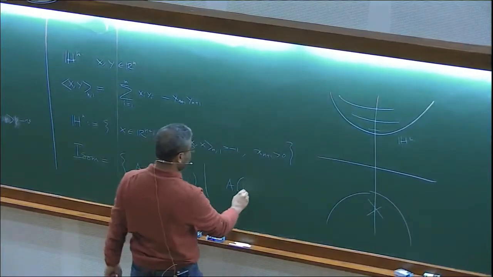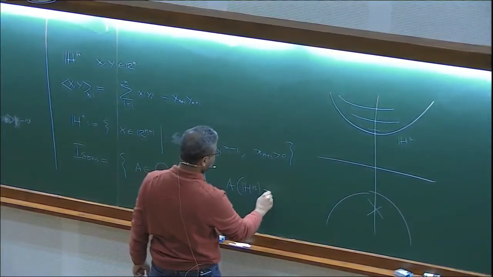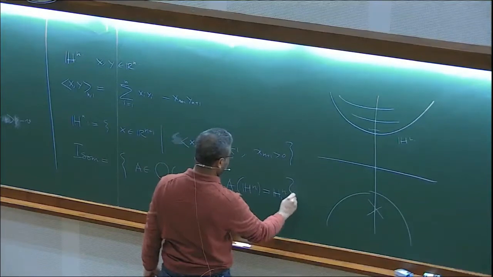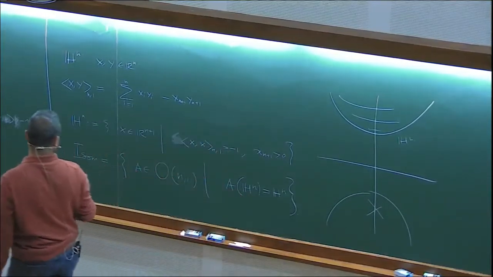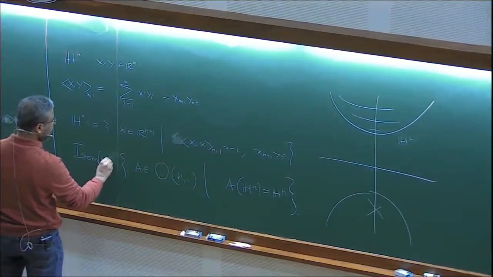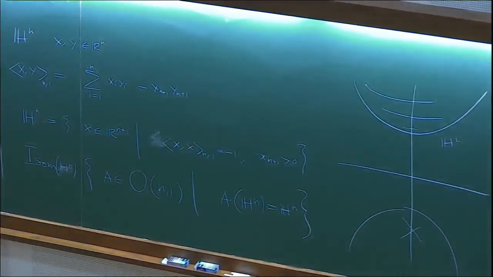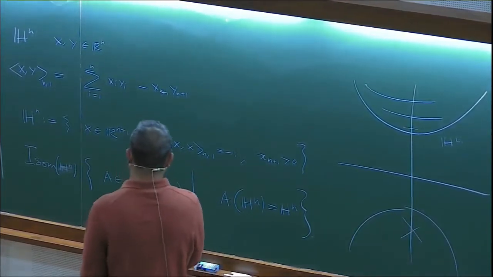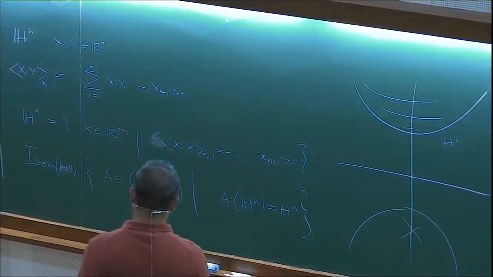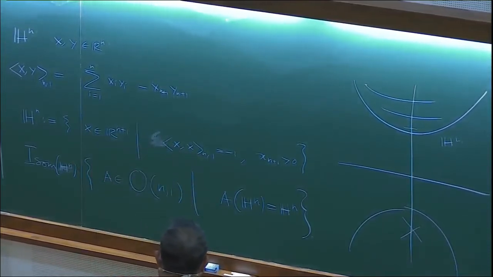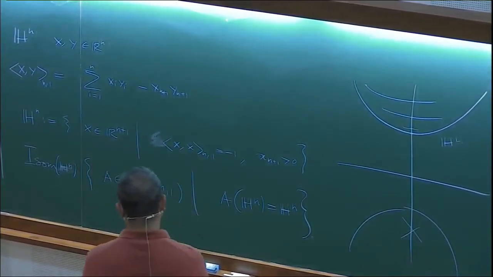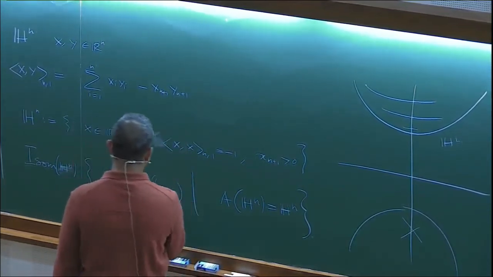So the isometry group of Hn has as its connected component the connected component of SOn1, but this is an index 2 subgroup in On1.